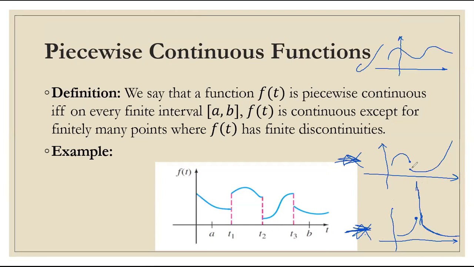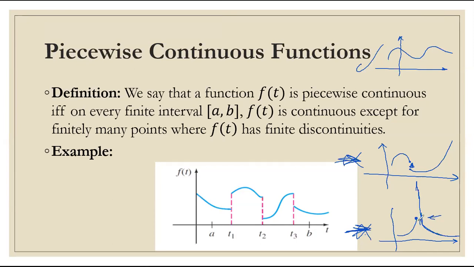Do you remember that we call this one, because here I have only a small jump, a finite discontinuity? But here, because the jump is infinite, I call it an infinite discontinuity. So we call this a jump discontinuity or finite discontinuity, and we call this one an infinite discontinuity.